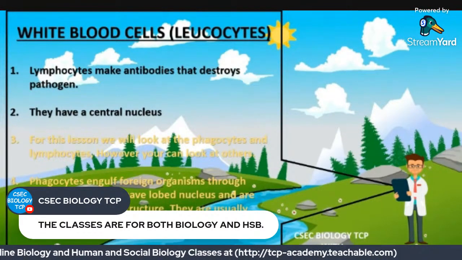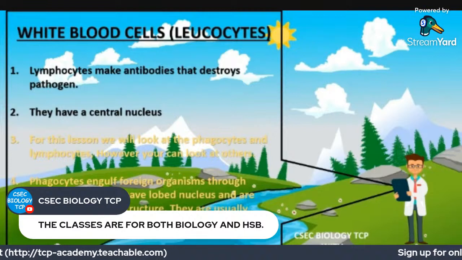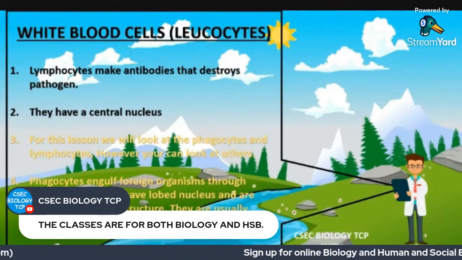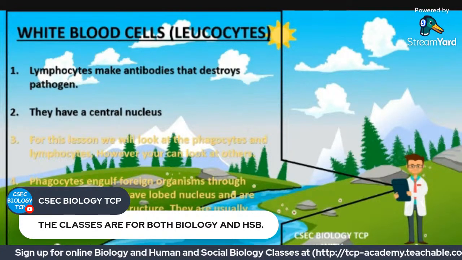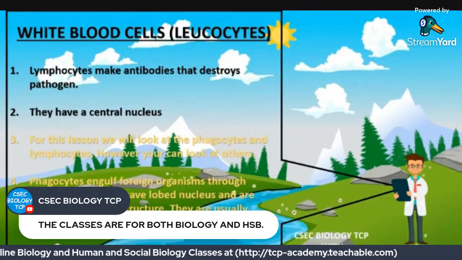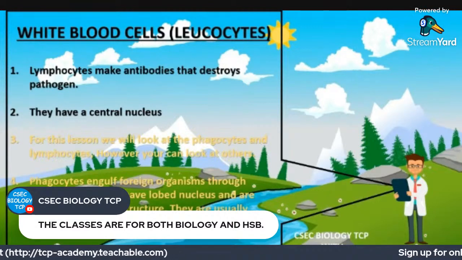Lymphocytes make antibodies that destroy pathogens. They have a central nucleus. It is important to note that we are not going to be covering other types of white blood cell for this lesson. However, you'll be treated with information on the phagocytes and, of course, lymphocytes.